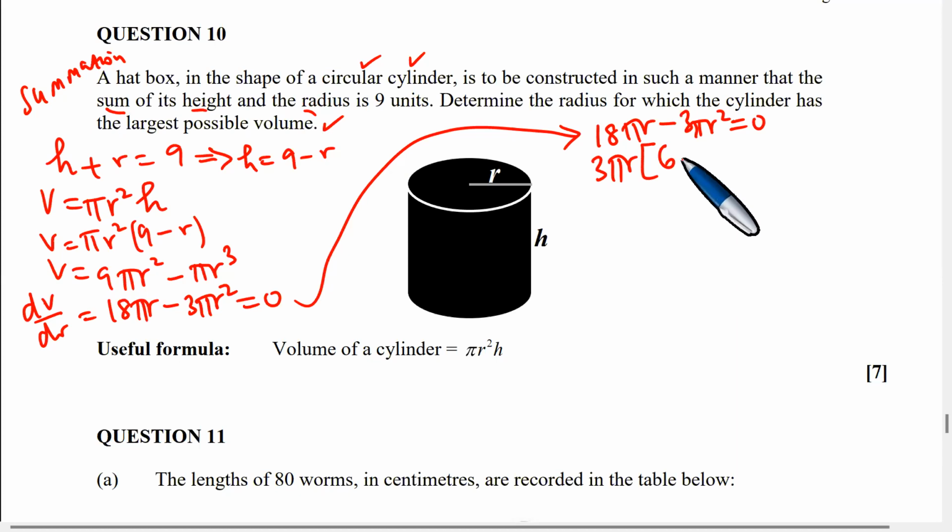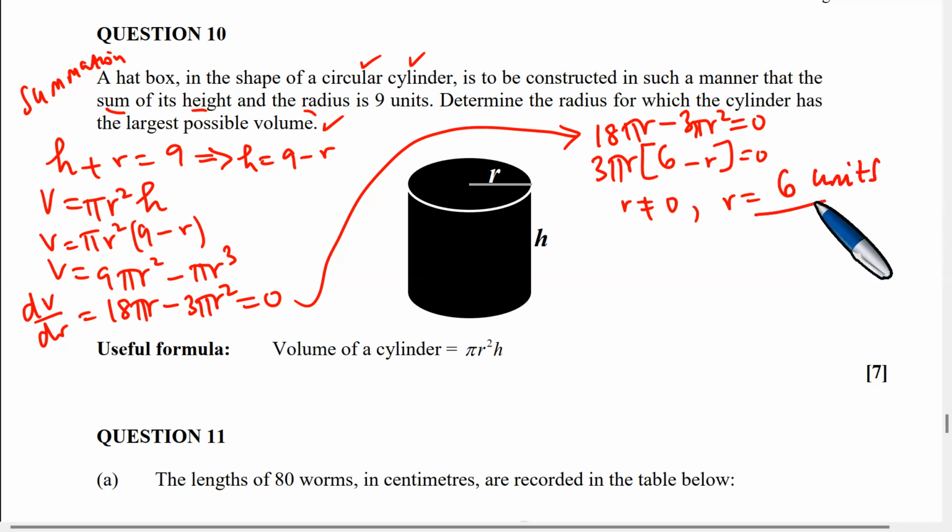So you have 6, but you multiply 6 by 3, you get 18. Here you have 3r, and then you have this. The radius is obviously not equal to 0 because we can see that it is a cylinder with an internal open space, and the radius is actually 6 units. Okay, so we are good.